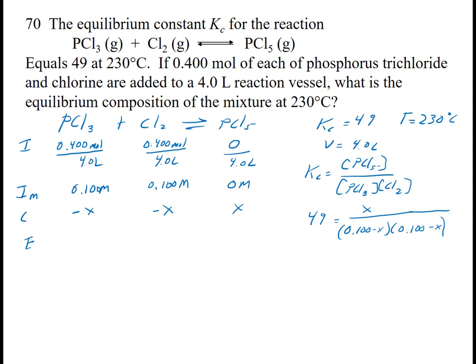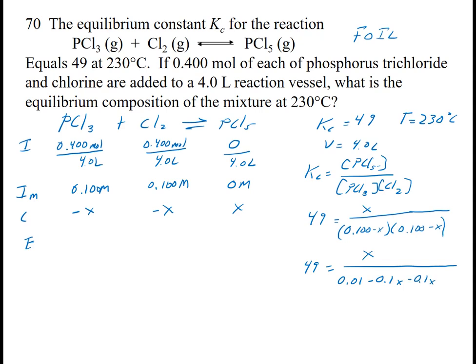Okay, so the first thing I'm going to do is combine these two terms using FOIL. So it's going to be 49 is equal to x over, the first is 0.1 times 0.1, so it's going to be 0.01. Outer is 0.1 times minus x, so it's going to be minus 0.1x. Inner is minus x and 0.1, so minus 0.1x.